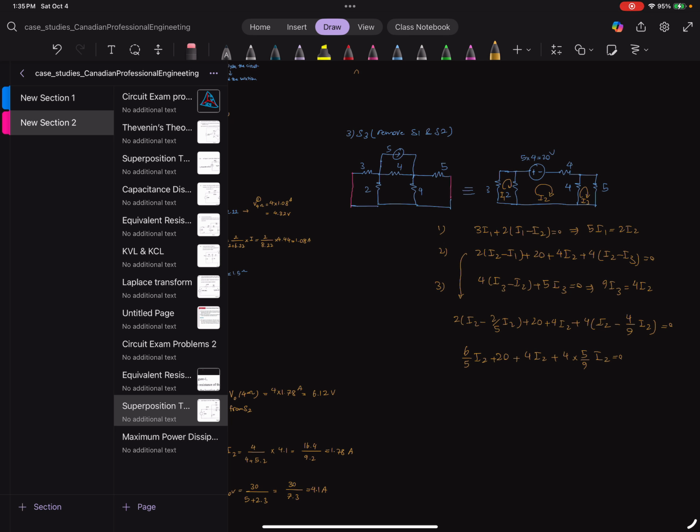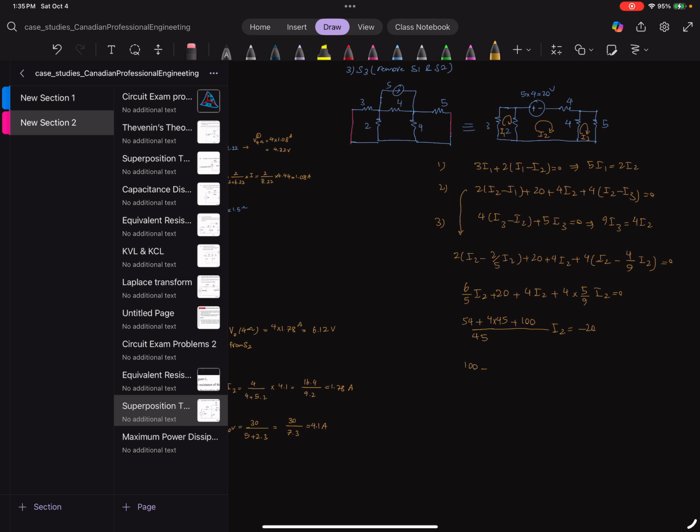So now we can do 45. 6 multiplied by 9 is 54, plus 4 multiplied by 45 is 180, plus 500 i2 minus 20.